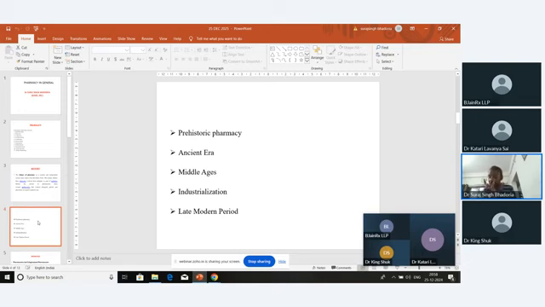So this industrialization develops pharmacy in a broad spectrum. Last one is the late modern period. So these are, in general, the basic parameters involved in the history of pharmacy.